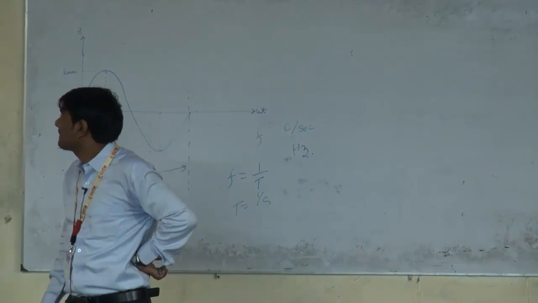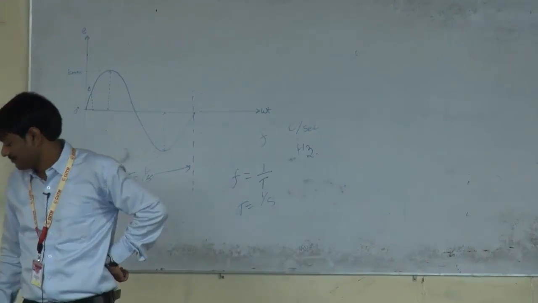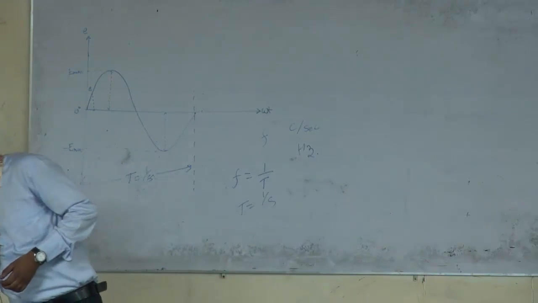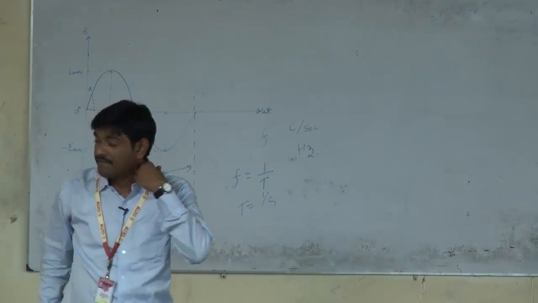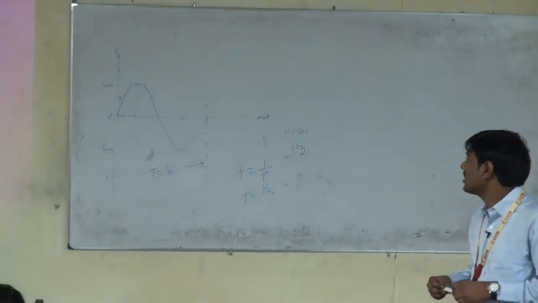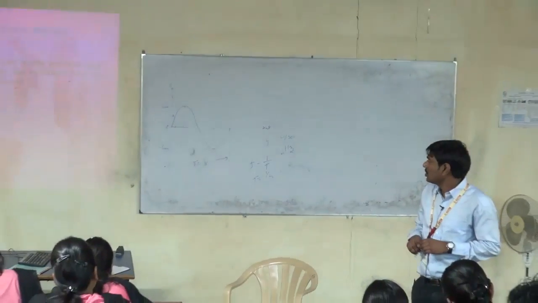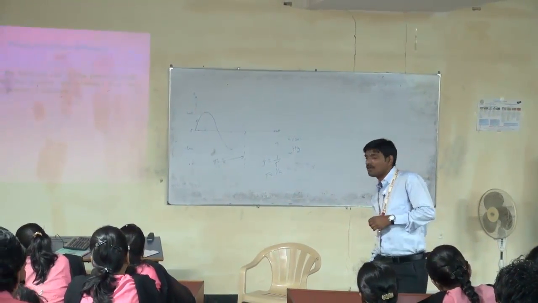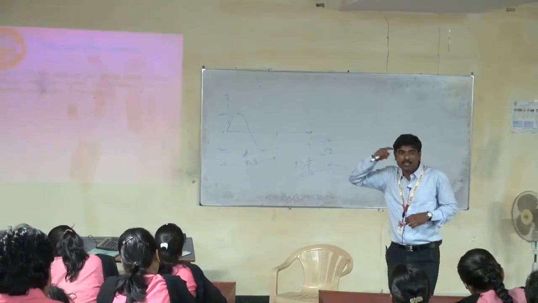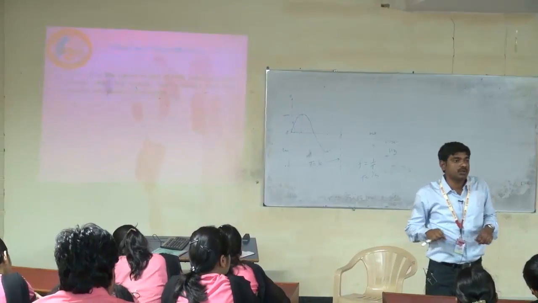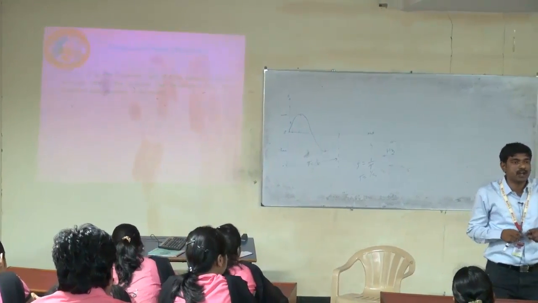Phase difference. Phase we can define as the fractional part of time period or cycle through which the quantity has advanced from the selected zero position of reference. I can explain this more clearly with an example. If we want to know the time now, we may say it is 10 or 10:30.